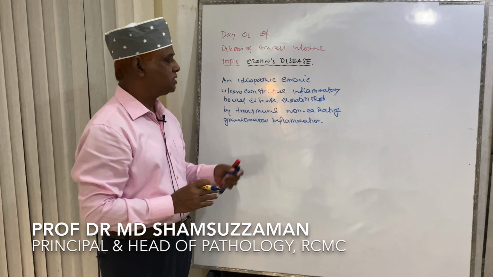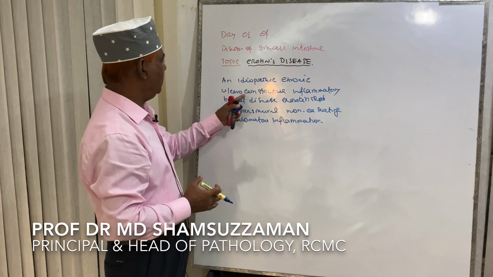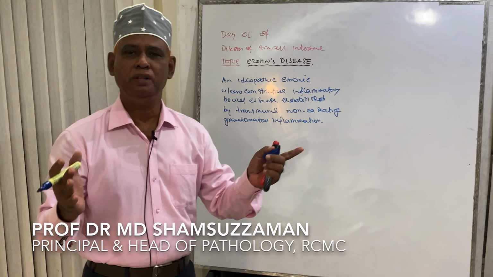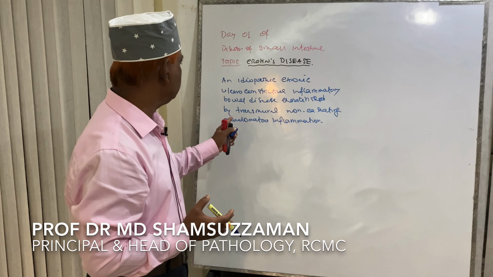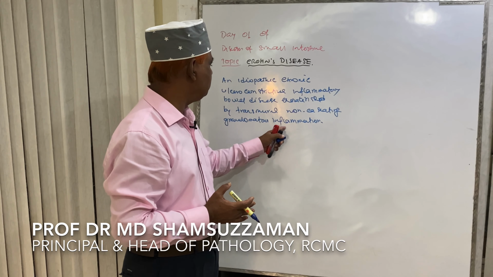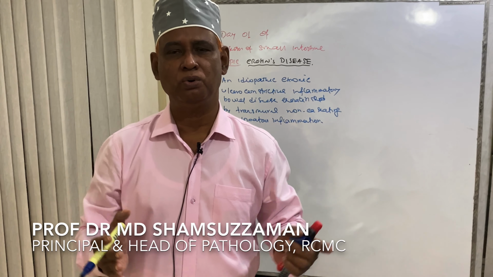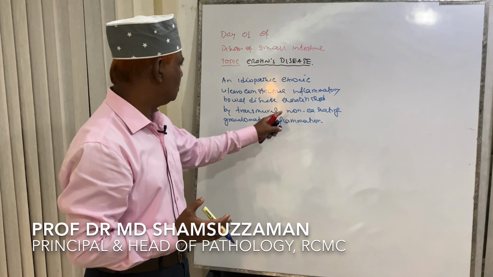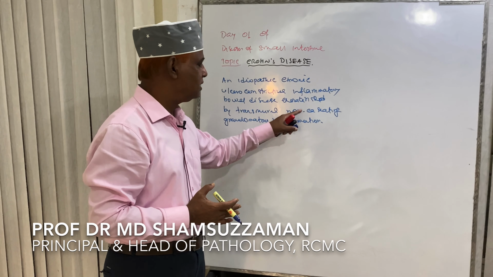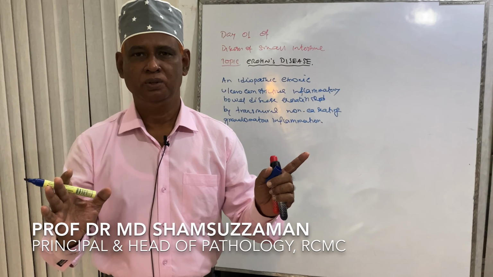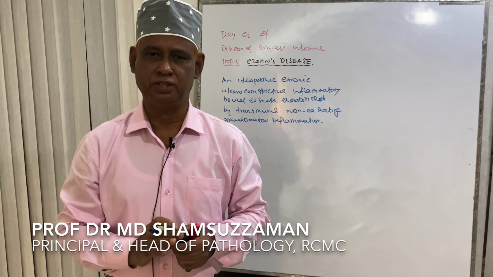There is ulceration in the mucosa of the affected part of the small intestine and there is constriction in the affected part. In histopathology, we see transmural inflammation. Mucosa, submucosa, muscle coat, and serous coat are all involved by non-caseating granulomatous inflammation. There is granuloma but no caseation.